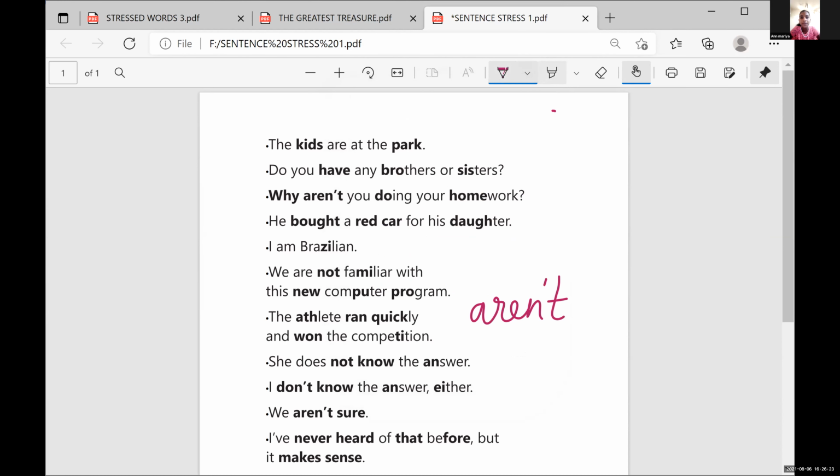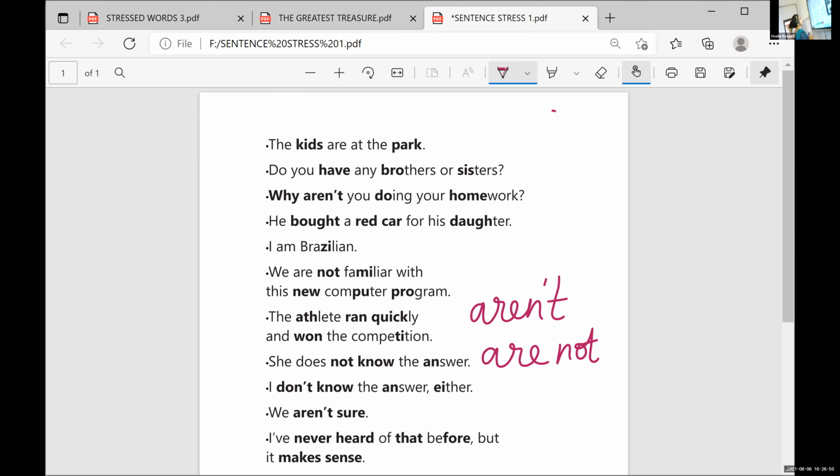Aren't is the short form of are not. So we have to pronounce the word as it is, aren't. Like doesn't, can't, won't, all these are contractions we have learned in class 4. So, why aren't you doing your homework?